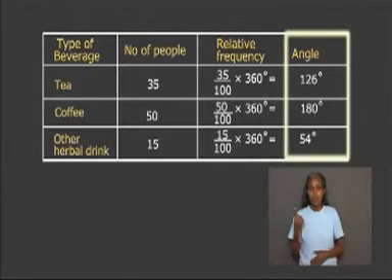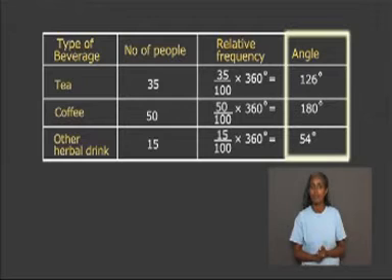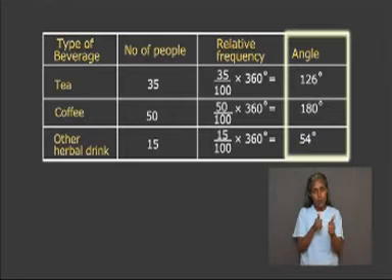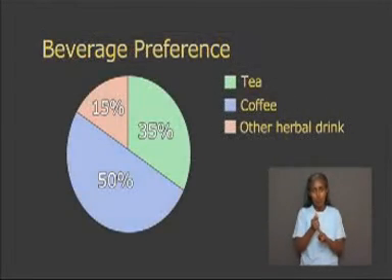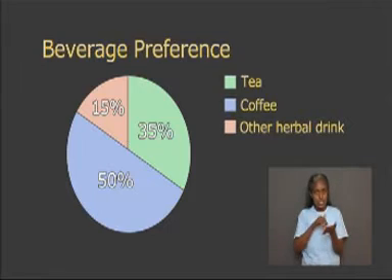We multiply 360 degrees by each percent. Finally, we divide our circle according to these angles and label each component sector. Our pie chart easily illustrates that half the people surveyed prefer coffee.